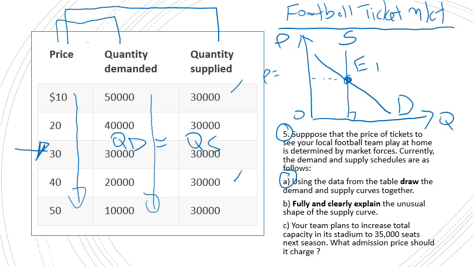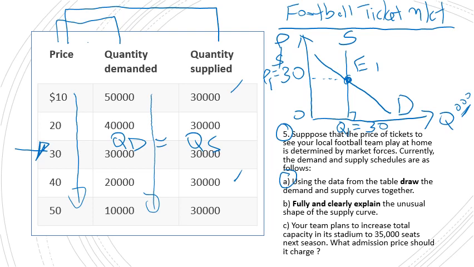So price, $30 per ticket, and here we could have put 3 zeros, implying that we're dealing with thousands, and we could have labeled Q. Let's label this P1 and this Q1. So what's Q1? Q1 is 30,000, because we would add these 3 zeros here.